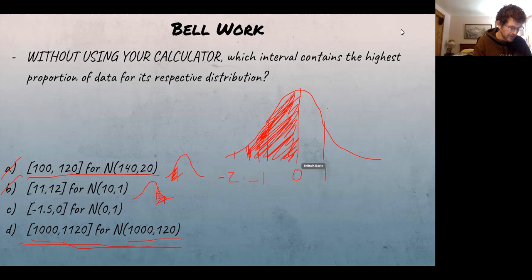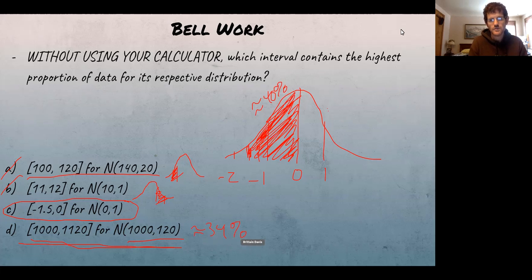So this one actually represents the biggest proportion of its distribution. Just guessing right here, that's going to be about 40%. I'm kind of making up some numbers here, but it's about 40%. And this one only represents about 34%.